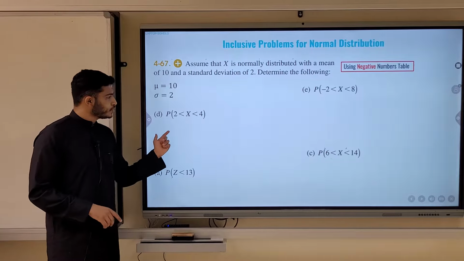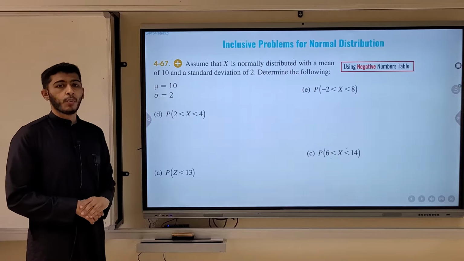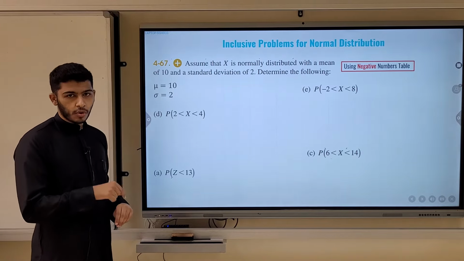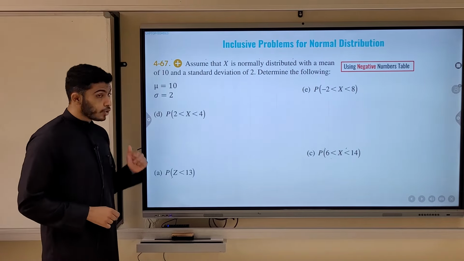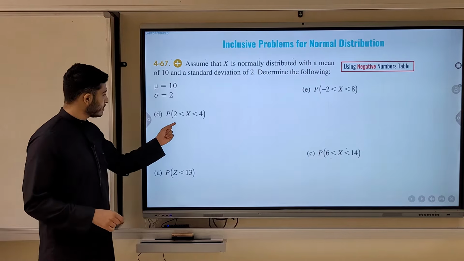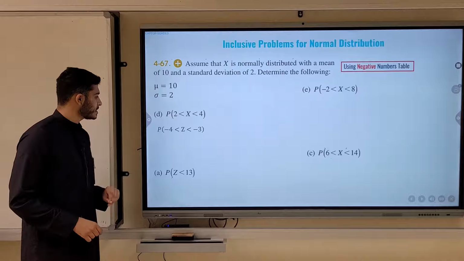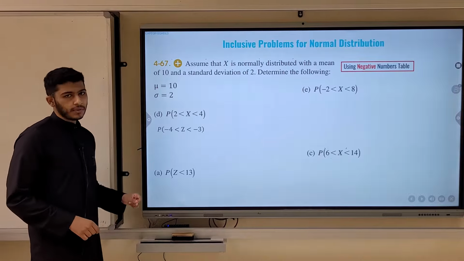Probability of X from 2 to 4. What is the first step that we always should do when we are solving these questions? We always first standardize. Is this standardized? No. Standardize it. After we standardize it, we should end up with this expression here. We know how to evaluate this expression.